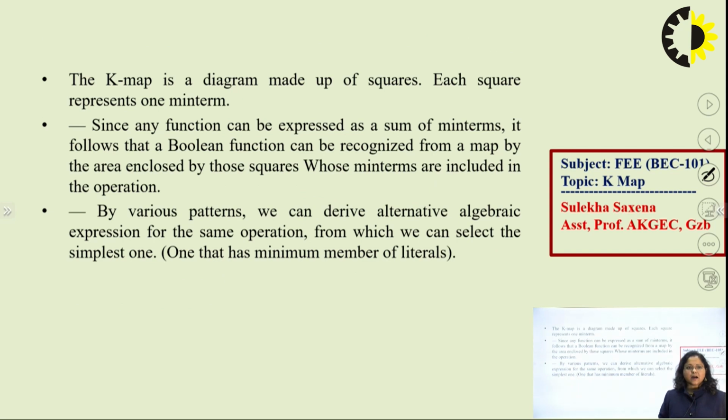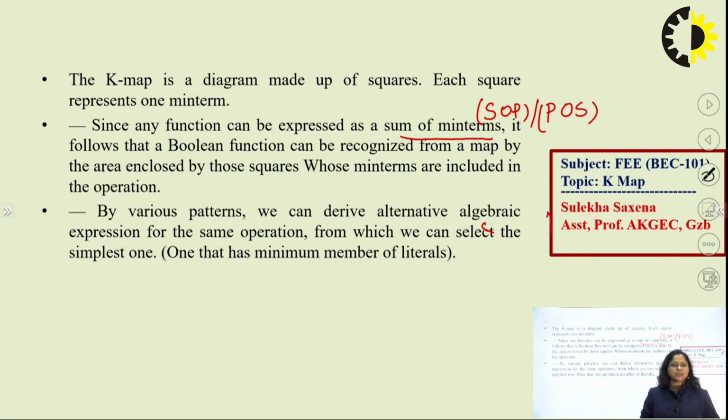It is a diagram made up of squares, and each square represents one min term or max term. Min term basically corresponds to SOP form and max term corresponds to POS form. Since any Boolean expression can be represented in terms of sum of min terms, that is called sum of product form, or product of sum form, POS.